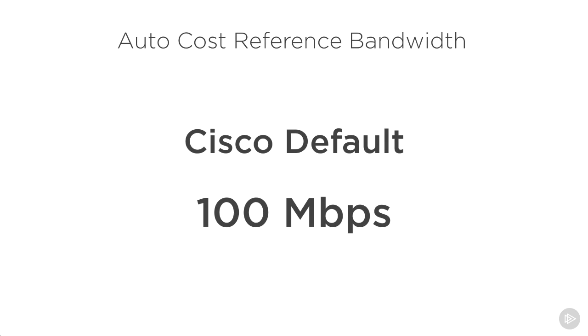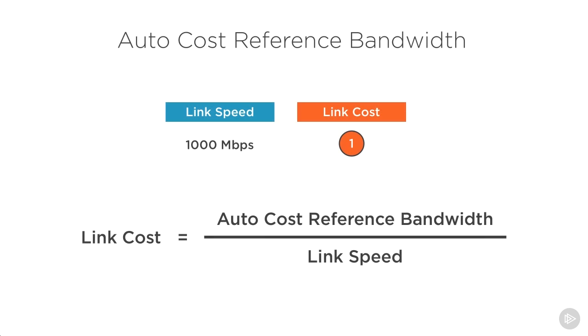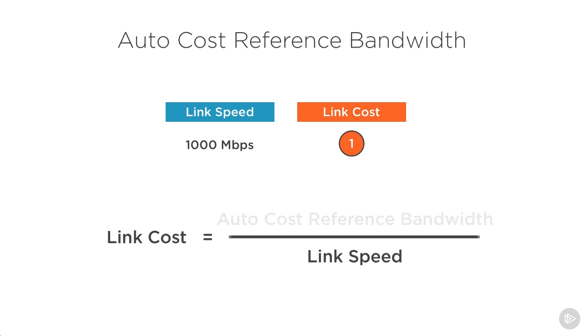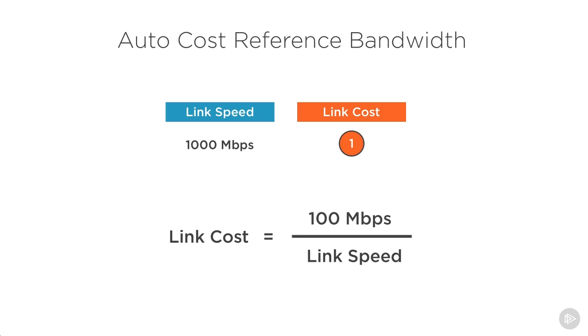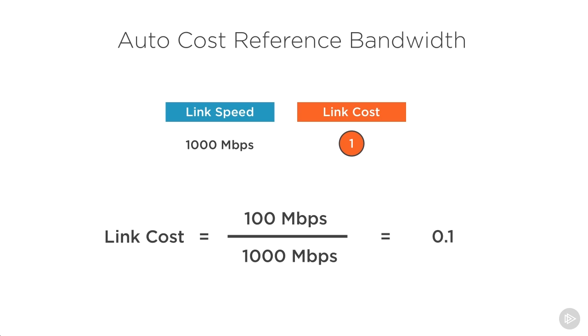By default, on Cisco devices, the auto cost reference bandwidth is 100 megabits per second. What this means then is when we do our calculation, we're going to take 100 megabits per second and divide it by our link speed. In this case, 1000 megabits per second.